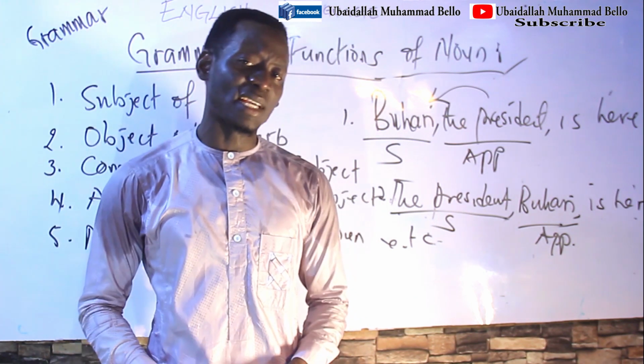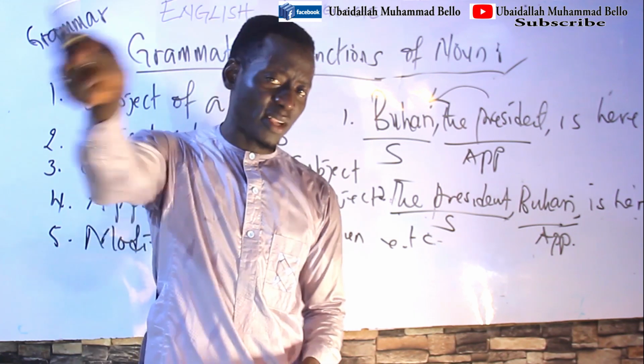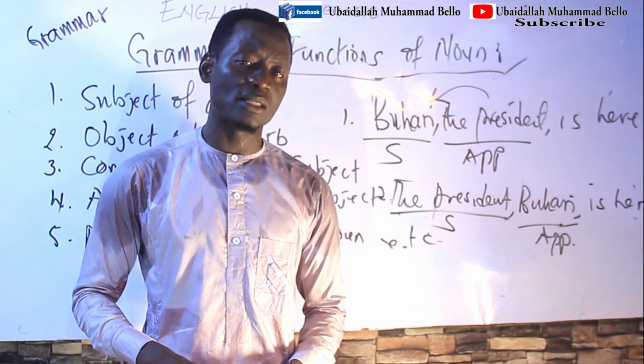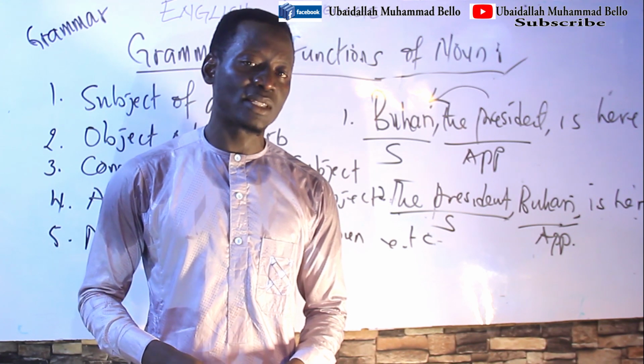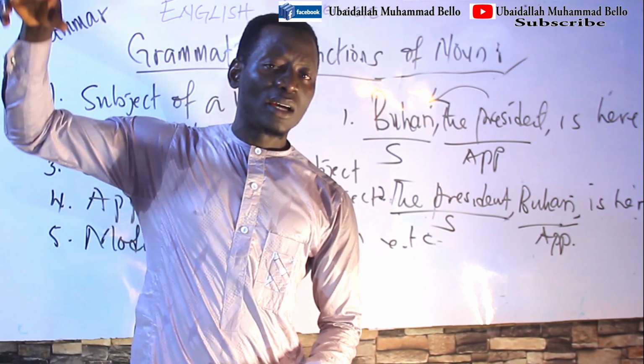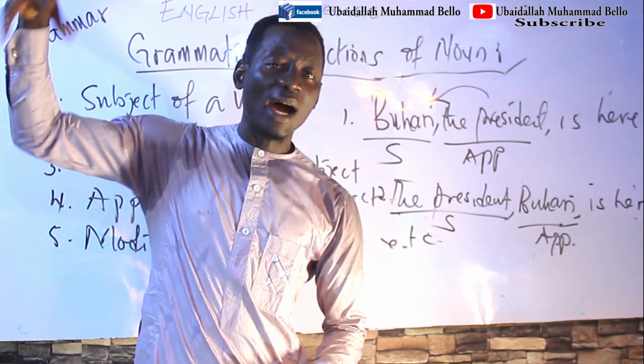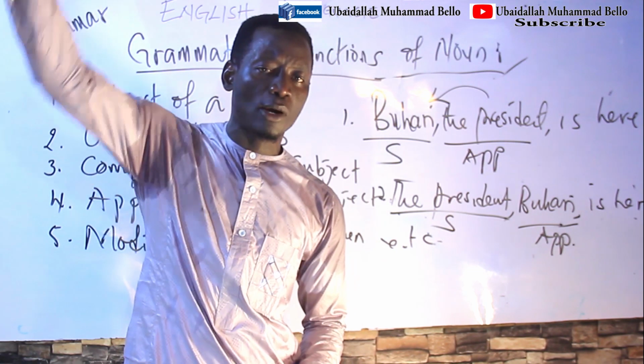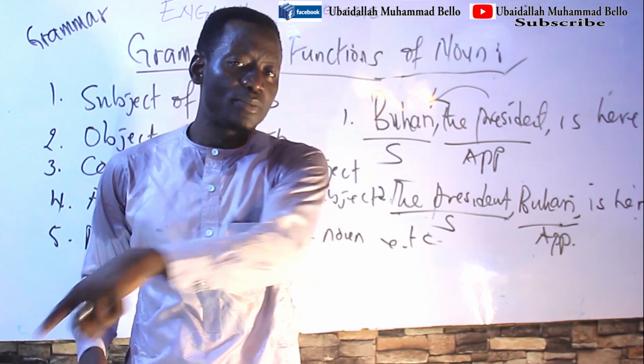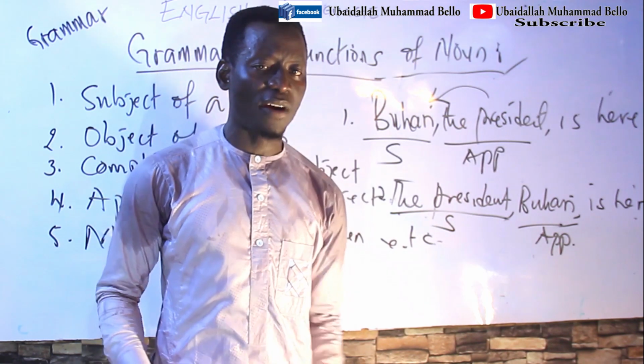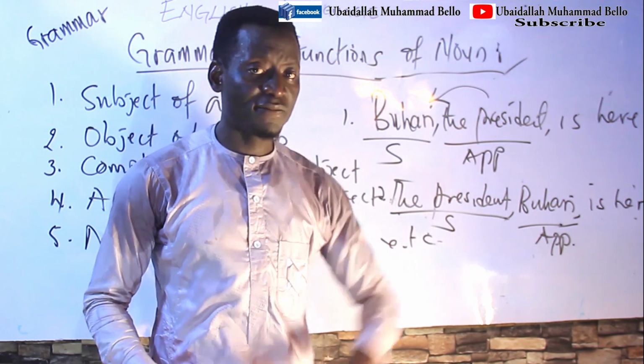Remove the complement and see if the structures are still going to be called sentences. They are not, because based on our understanding, the subject complement comes after a verb.